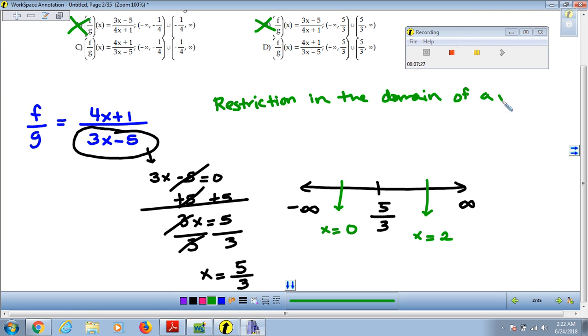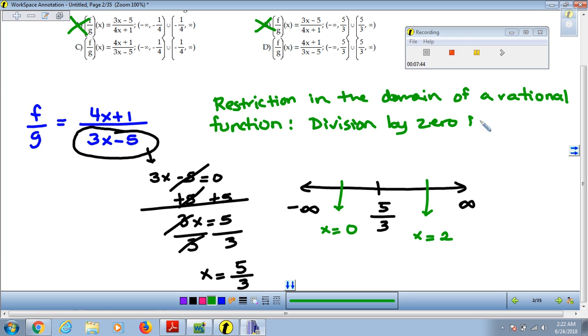of a rational function, if you recall, we already went over this concept, is that you can never divide by 0. Division by 0 is undefined. It's something that doesn't have an answer. That's what this is.